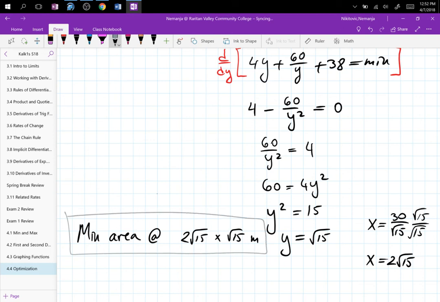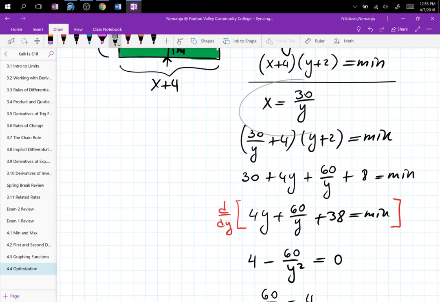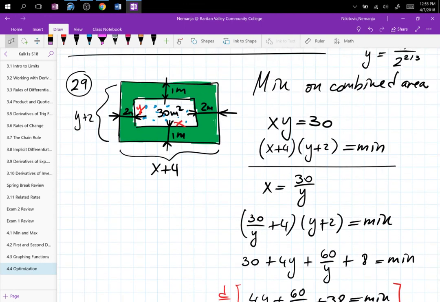Every problem is the same. Look up at my... What happened? Y plus 4. X is equal to... So your main equation is x plus 4, y plus 2.